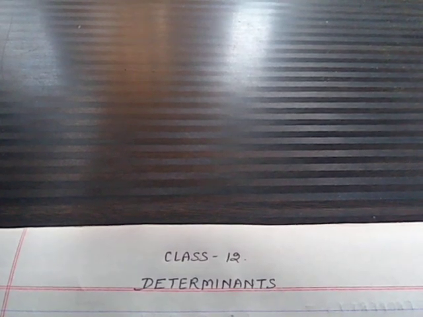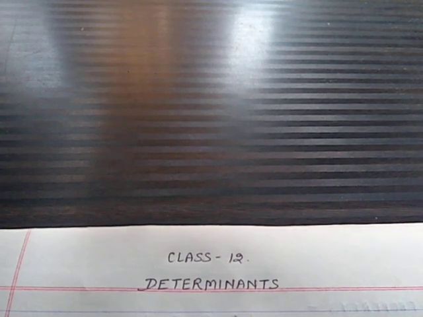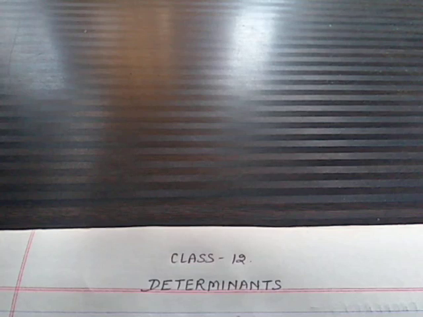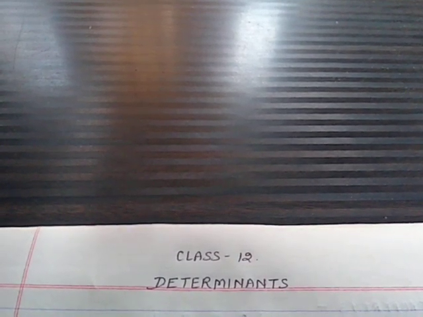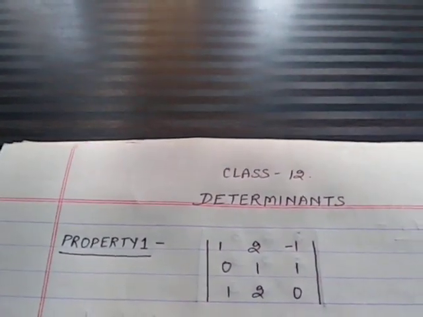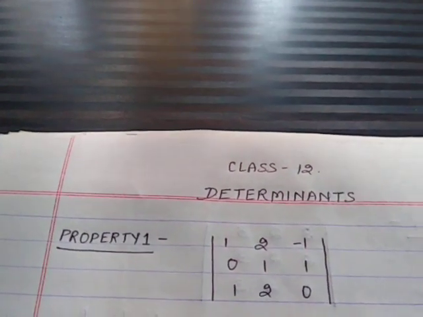So property number 1 states that the value of the determinant remains unchanged if its rows and columns are interchanged. Now I am giving you an example. For example, this is a determinant.